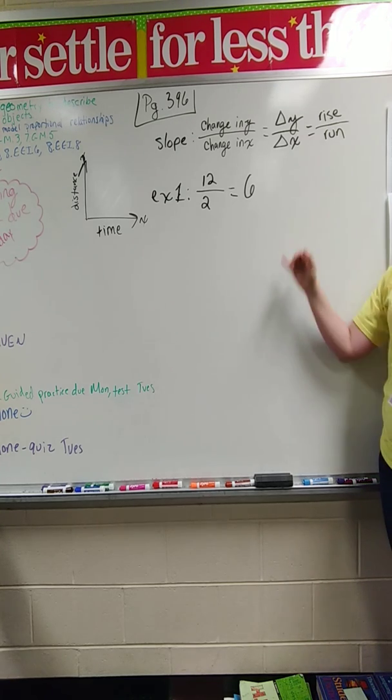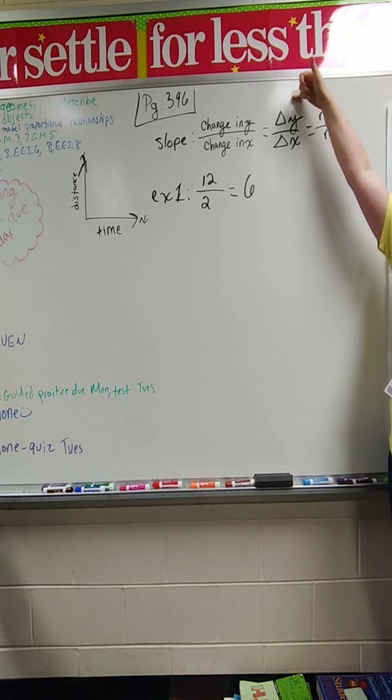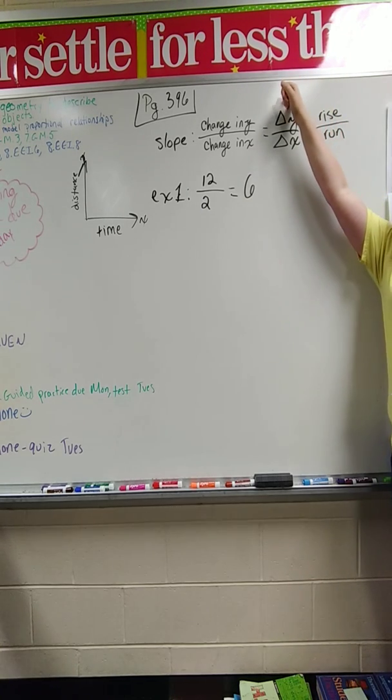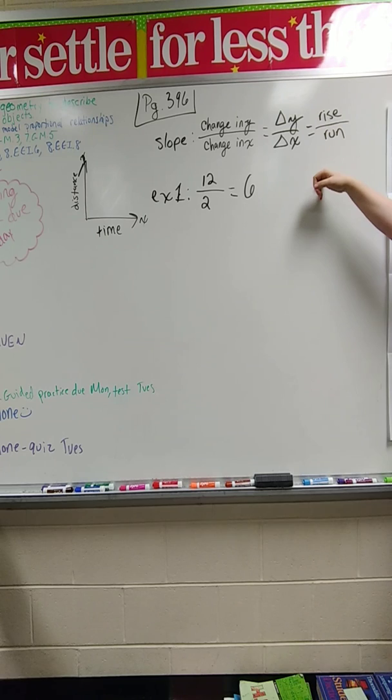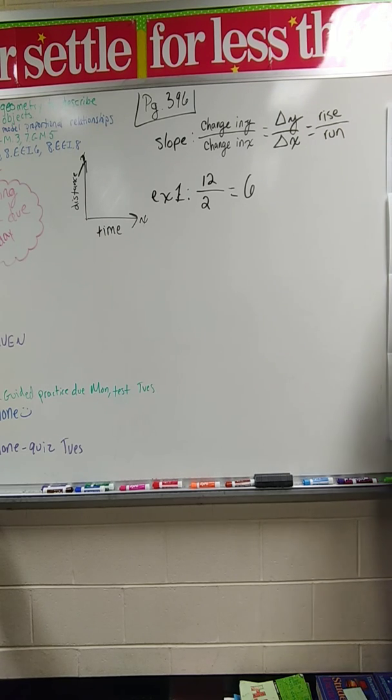When we are calculating the slope, the change in y needs to go in our numerator, the change in x in our denominator. So you're not putting your y value and your x value in there and then dividing. You need to find the change in the two. So what's the difference from one point to the next? Okay?